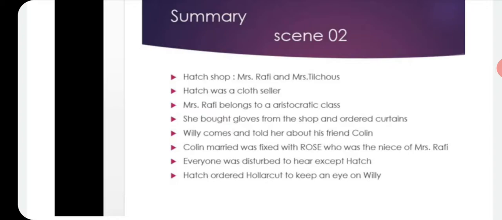Everyone was disturbed to hear this except Hatch, and Hatch thinks that this is a normal routine. In fact, it was the duty of Hatch to save Colin from drowning. Hatch orders Hollarcut to keep an eye on Willie. It is some type of spy.